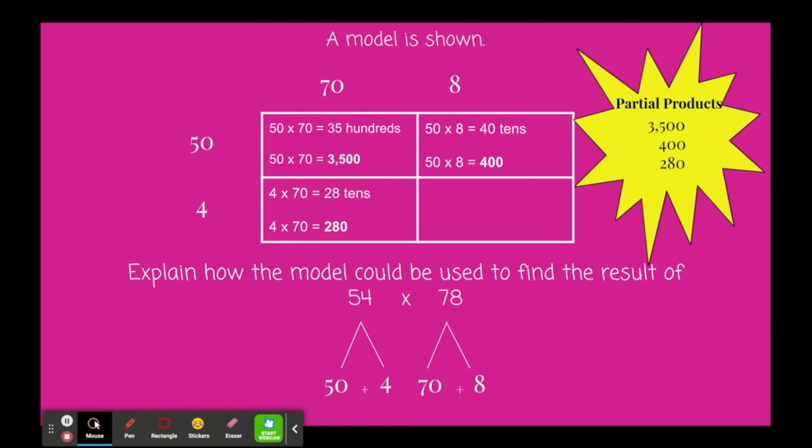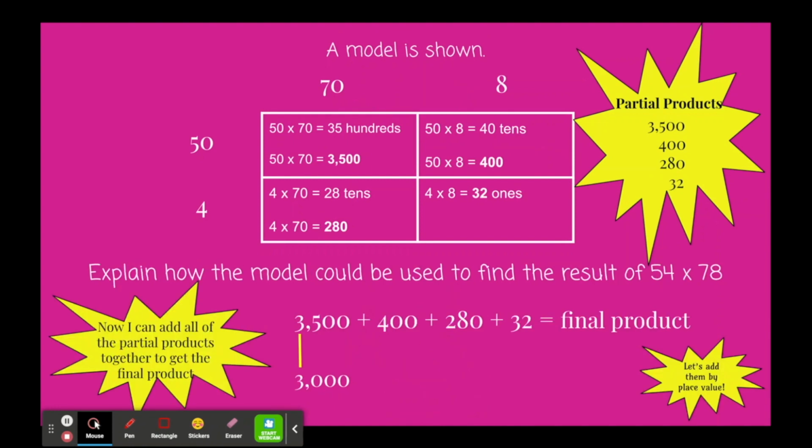Up next is 4 times 70, which is 280. Now, do we have another partial product to find out? Sure do. We have to multiply our ones together. So here we're going to multiply 4 times 8, which equals our 32 ones.